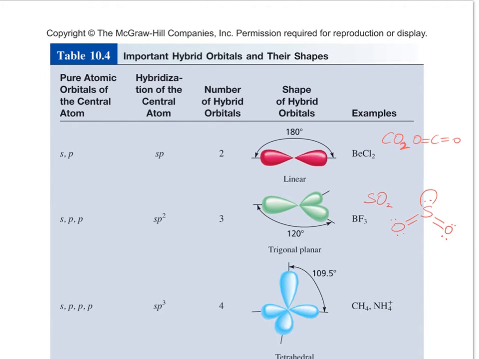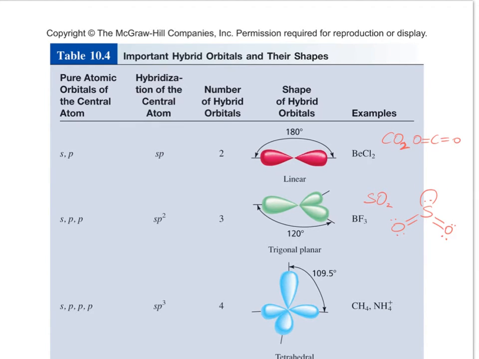In this case, we have 3 pairs: 2 bonding pairs, each a double bond, and 1 lone pair. Overall, we have 3 pairs, and the arrangement of 3 pairs is trigonal planar. But keep in mind, the molecular geometry here is bent, because molecular geometry does not include the lone pair.